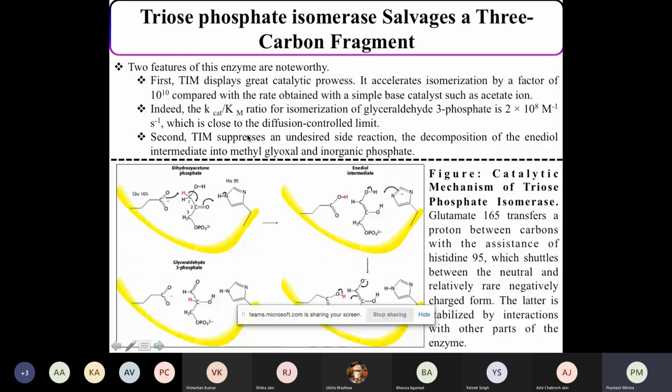So the triose phosphate isomerase reaction is the second step, where it interconverts the substrate molecule in such a way that you have an excess of glyceraldehyde 3-phosphate. Because glyceraldehyde 3-phosphate will be further utilized, the reaction proceeds towards the formation of glyceraldehyde 3-phosphate.